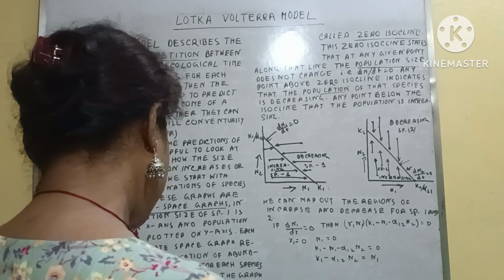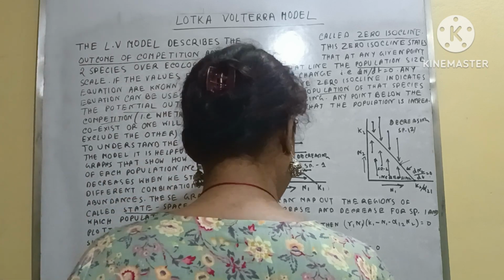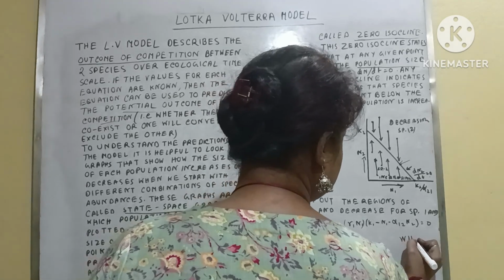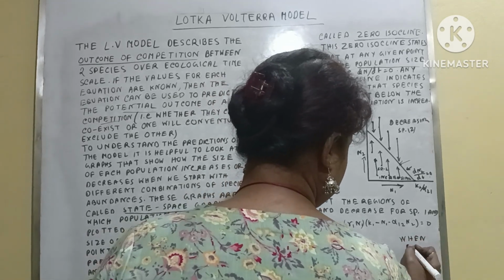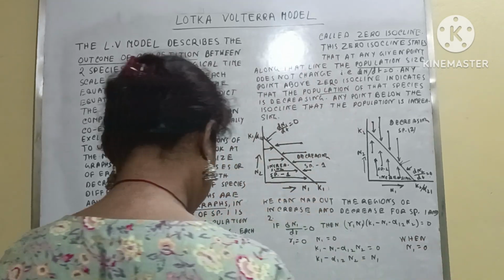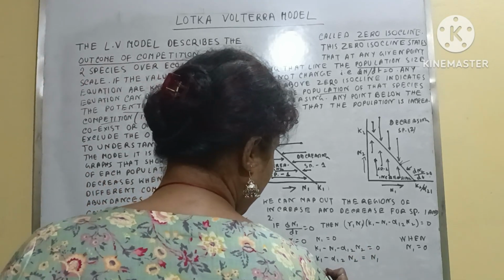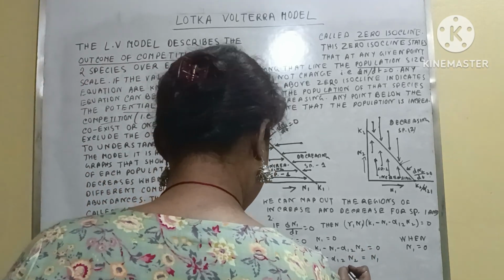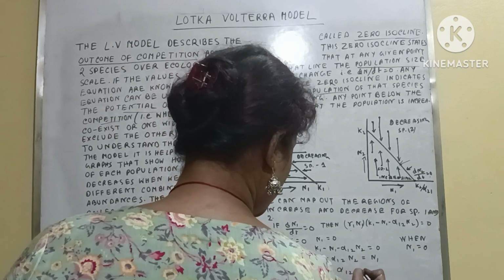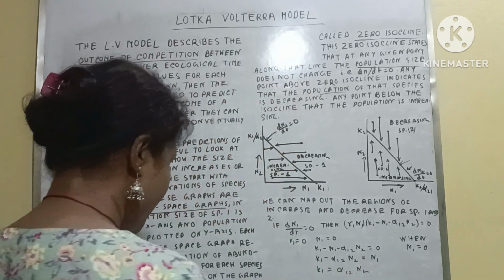Now when n1 is 0, then k1 equals alpha 1 2 n2.